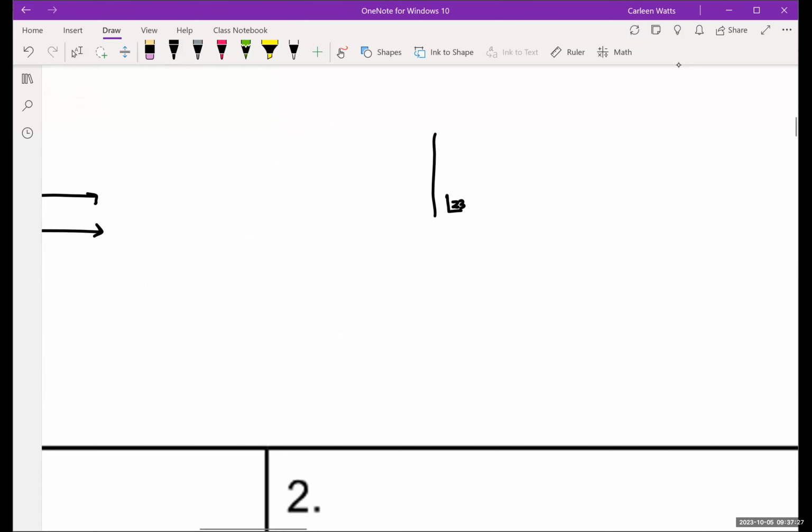They're on the exterior. Now, let's talk about 2 and 7. Can you see that if lines are parallel, 2 and 7 are going to have equal measures? Do you guys see that?